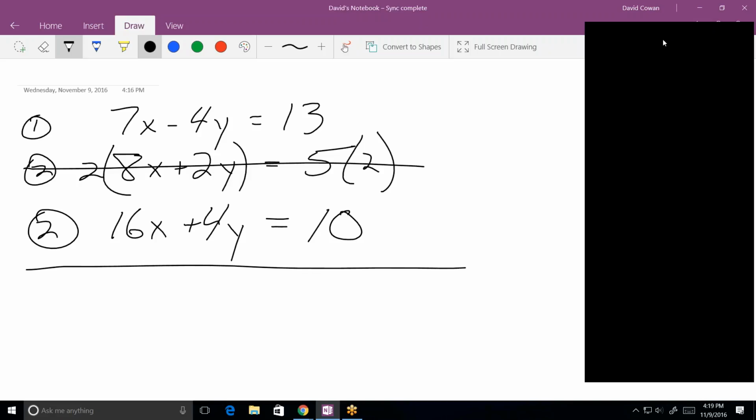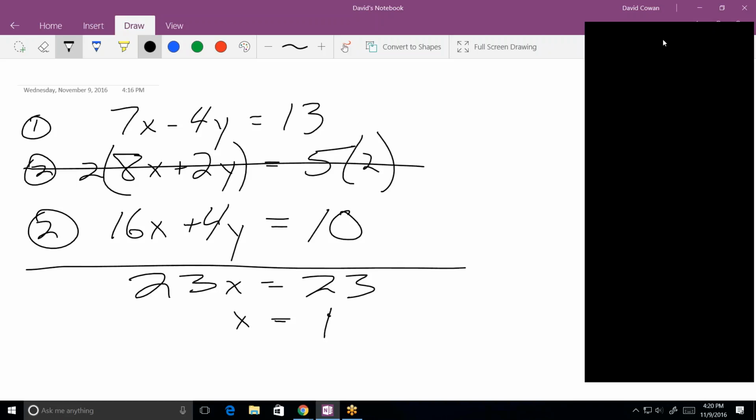The y's would be eliminated. 23x equals 23. So x equals 1, but we're not done yet. We have to go back and solve for y.